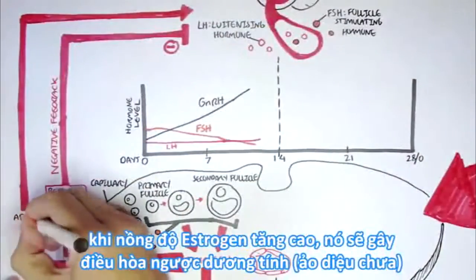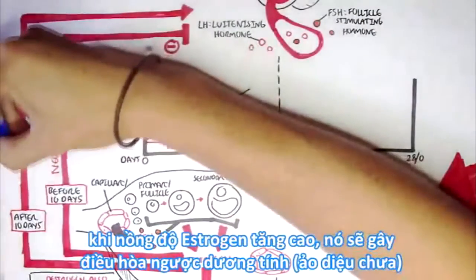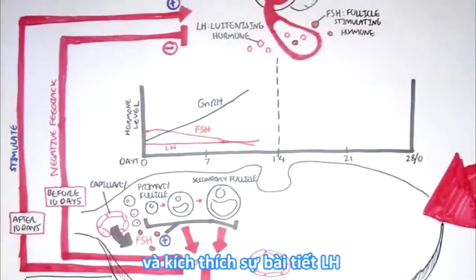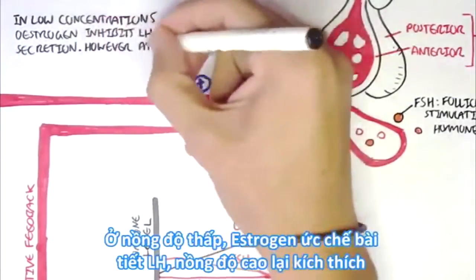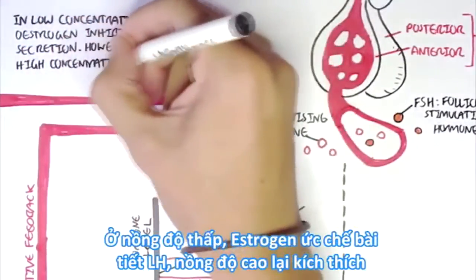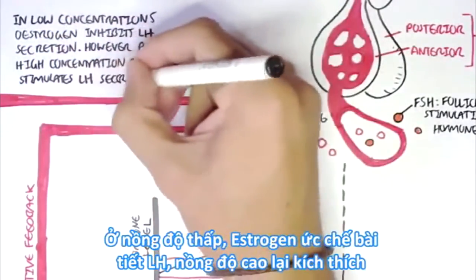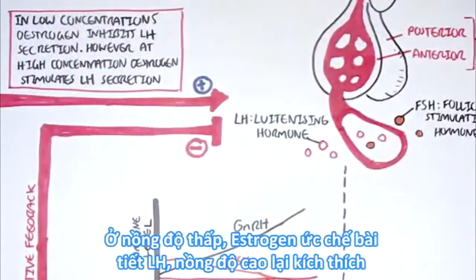And after 10 days, as estrogen levels rise, it will have a positive feedback and stimulate the release of luteinizing hormone. So at low concentrations, estrogen will inhibit luteinizing hormone secretion. However, at high concentrations, estrogen will stimulate luteinizing hormone secretion.